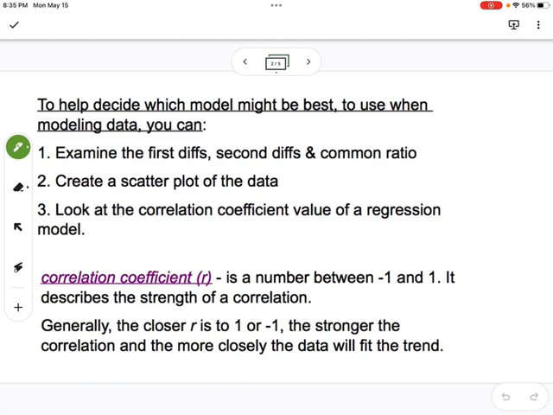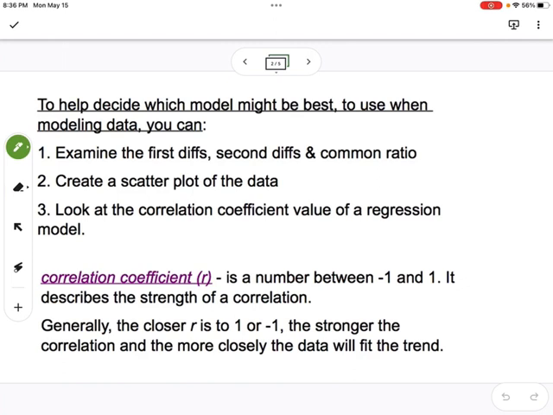We can also create a scatter plot for the data, and we can look at the correlation coefficient value of a regression model. So what the correlation coefficient is, it's a number that's between -1 and 1 to describe the strength of the correlation.